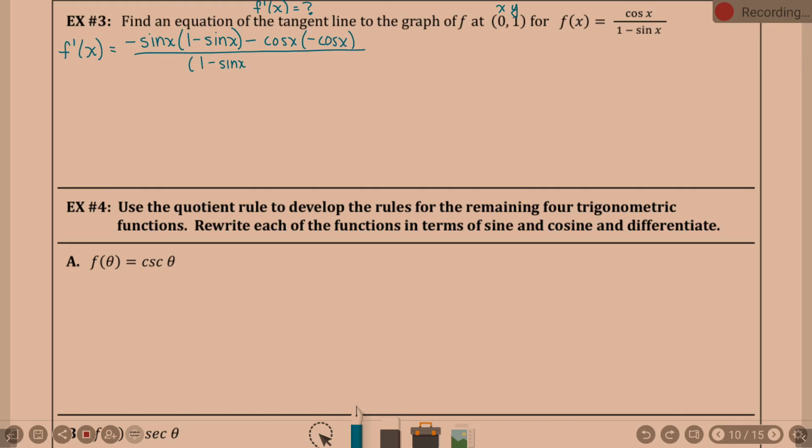Yep, you got it. It always takes me a moment to process when they throw an extra negative into a derivative of a cosine or sine. If I clean this up: negative sine x plus sine squared x plus cosine squared x, over 1 minus sine x quantity squared.